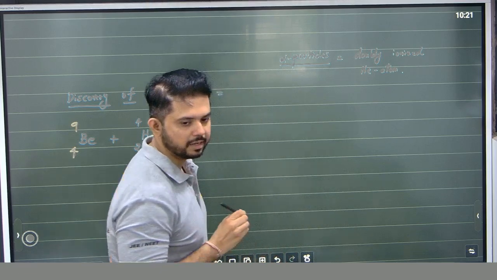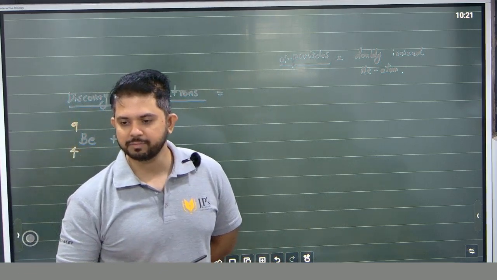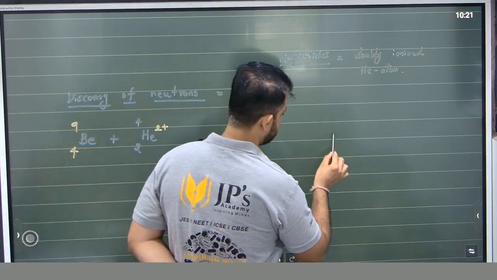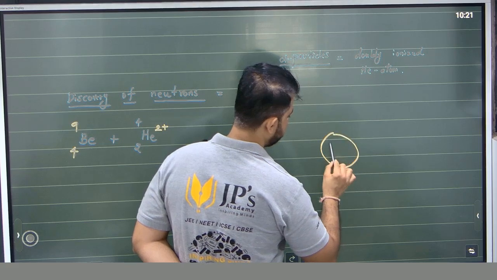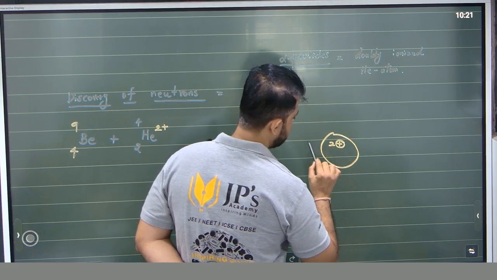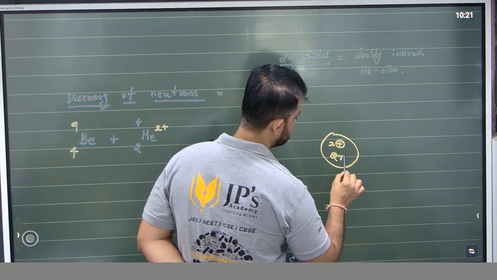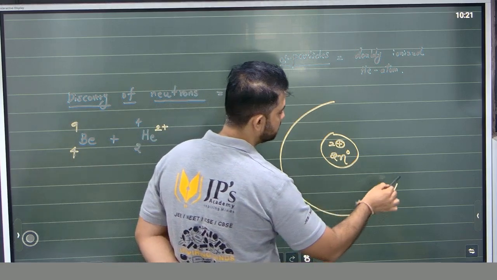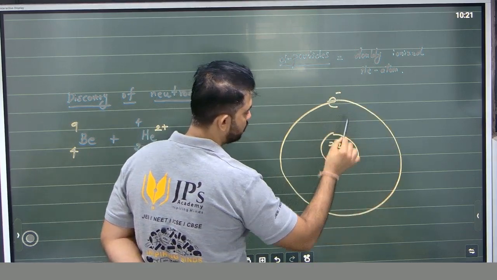What do you mean by doubly ionized? Can someone give me the atomic number of helium? 2. Number of protons in helium: 2. How many neutrons are there? 2 neutrons. And how many electrons are there? 2 electrons.